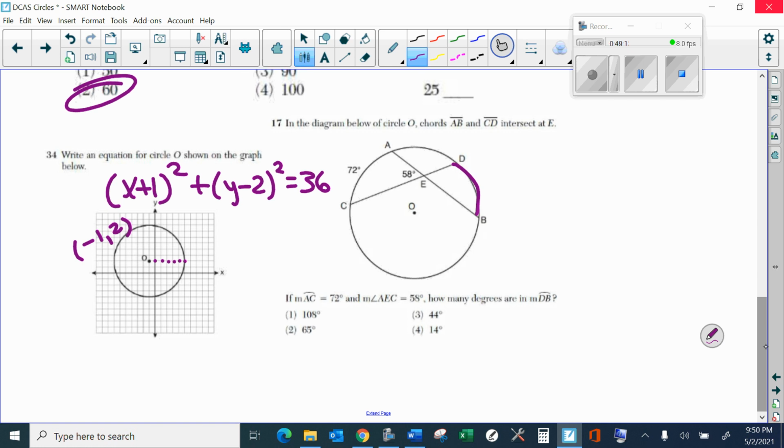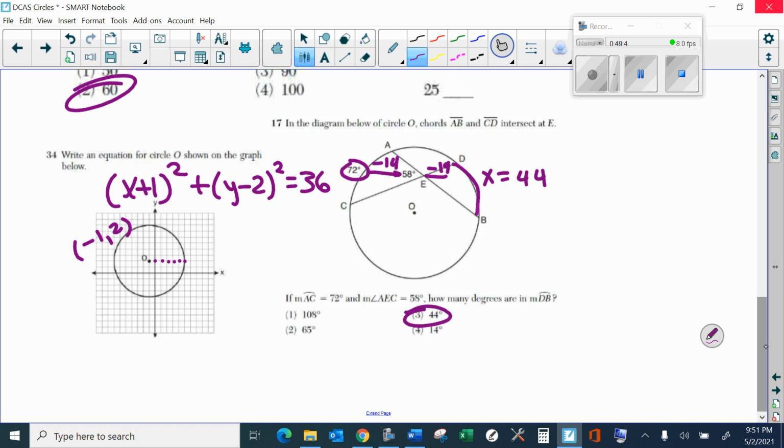Okay. How many degrees is the measure of arc DB? Now remember, it's that arc X plus this one divided by 2 equals 58. That's the algebraic expression when I do it, but here I told you the shortcut. 72, how do I get down to 58? Minus 14. So I must minus 14 again. 58 minus 14 is 44.